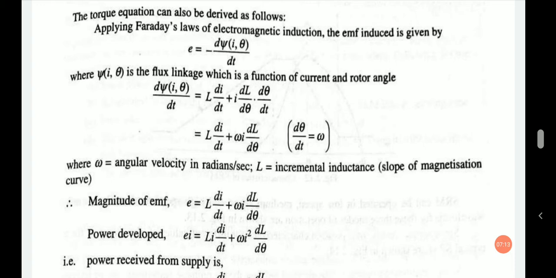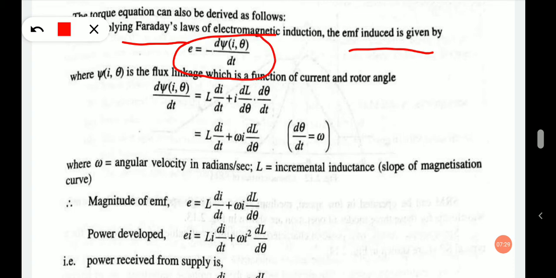The EMF induced is given by E equals minus d psi(i, theta) by dt, where psi(i, theta) is the flux linkage, which is a function of current and rotor angle, and it is equal to L di by dt plus i dL by d theta into d theta by dt.